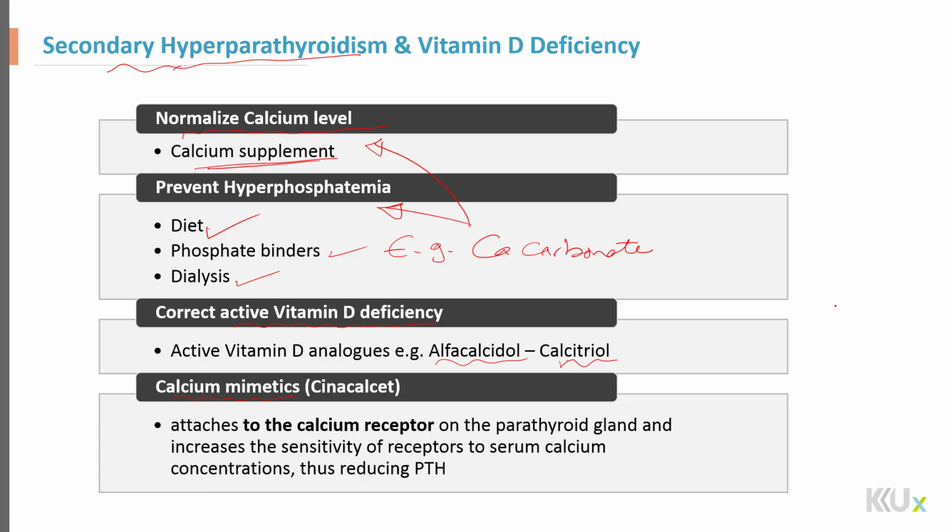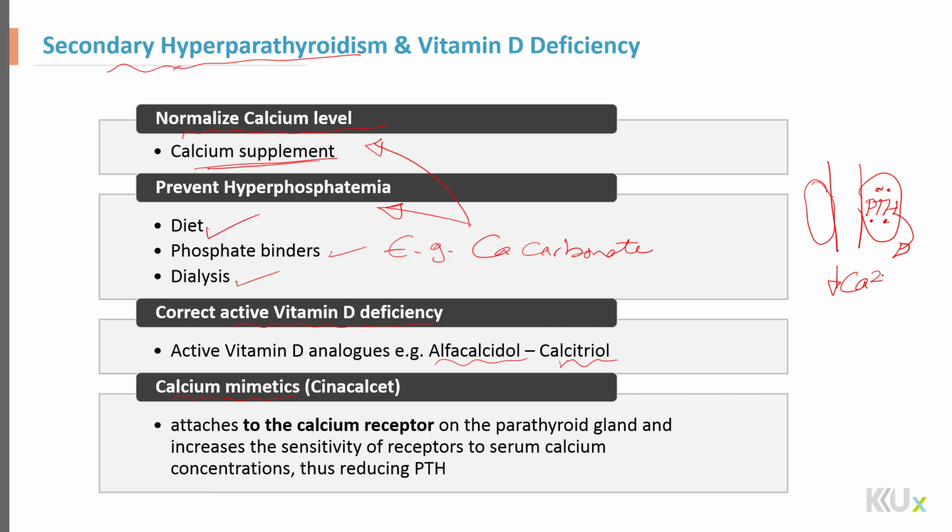What is the mechanism of action of calcimimetics? It acts like calcium. Here is the thyroid, and on the thyroid we have the parathyroid gland, which secretes parathyroid hormone. Parathyroid hormone is stimulated by a decrease in calcium level.